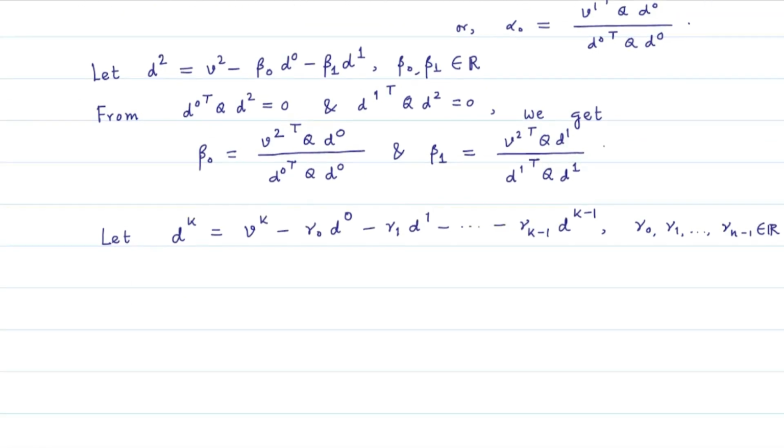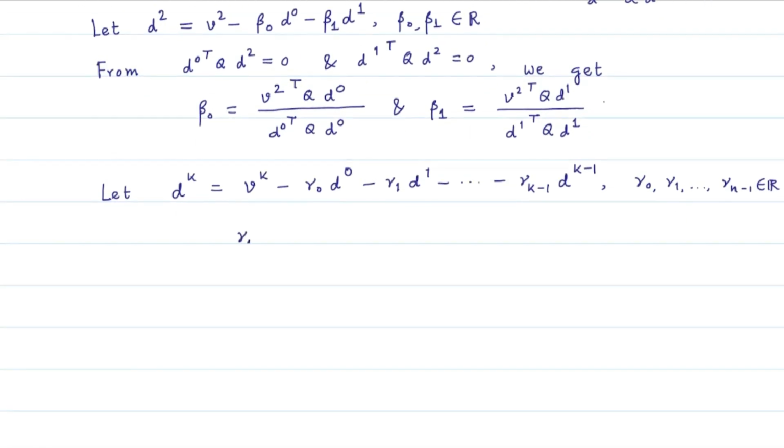We shall get these scalars as gamma j is equal to... We look at these expressions of beta0 and beta1. We notice that beta0 is associated to d0, and hence we have here d0, and in the denominator d0 transpose Q d0.